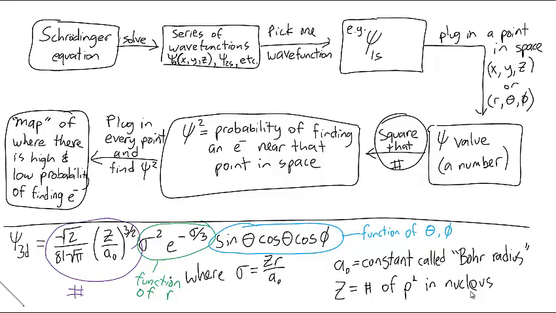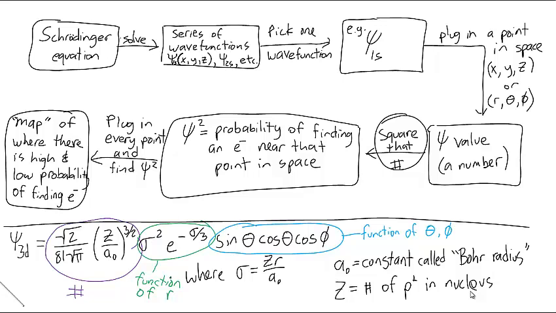I gave an example down at the bottom. One of the wave functions for a 3D orbital is down at the bottom of the page, and it's got these gross terms in it. This whole first part that I circled in purple, that's just a number, right? Square root of 2 over 81 square root of pi times Z over a naught to the 3/2. Z and a naught are just constant numbers, so that's just a number.